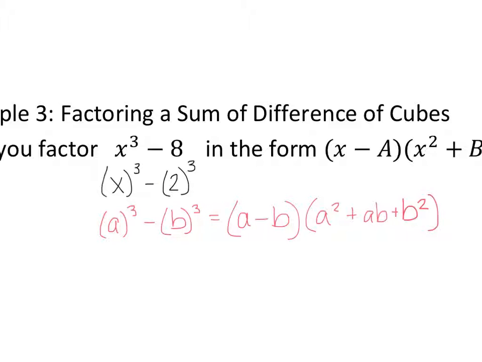Now, what is going to take the place of the a's? X, just x. What will take the place of the b's? 2. So every time you see a down here, we're going to replace it with an x. Every time you see a b down here, we're going to replace it with a 2.